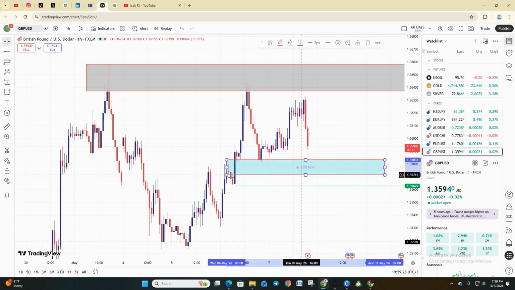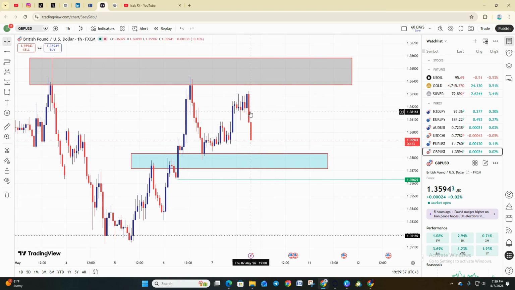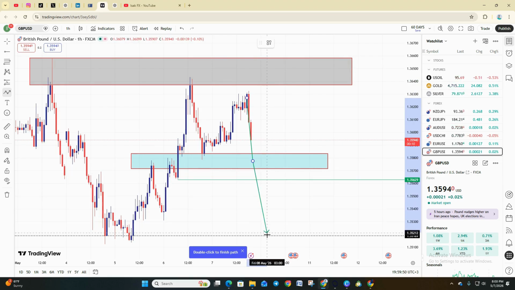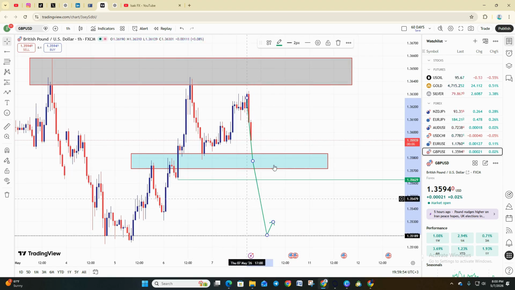This fair value gap we have here, potential swing highs, exactly a fair value gap. Price may drop all the way down here, or revert back to fake out, or go all the way down here.